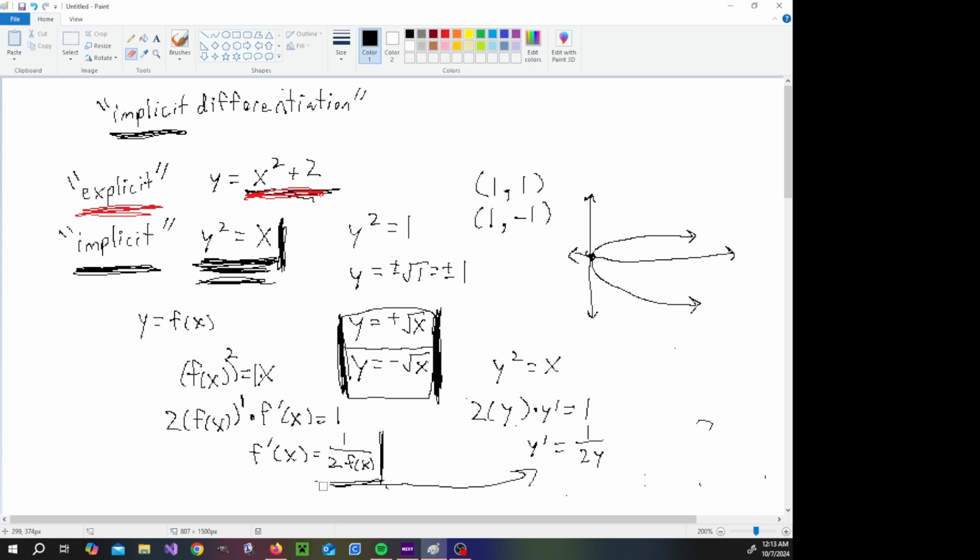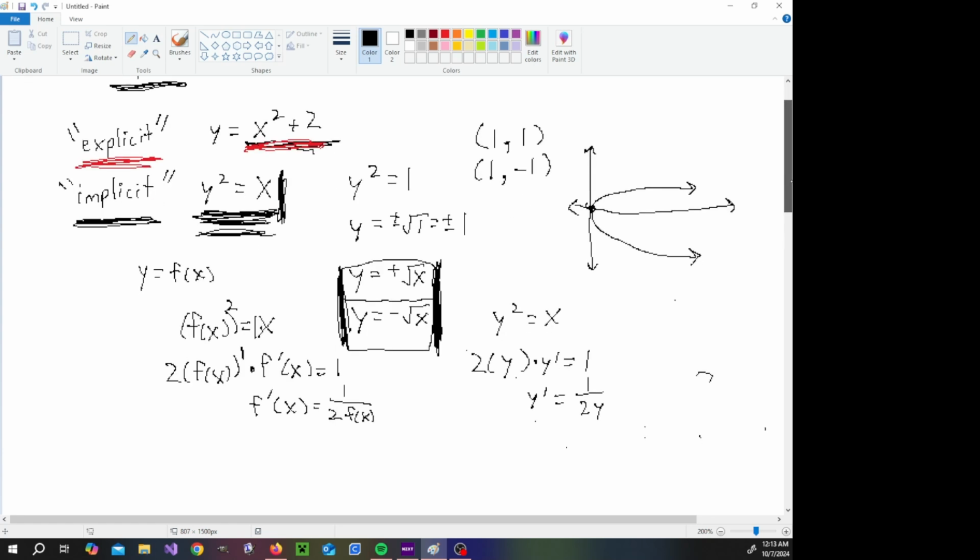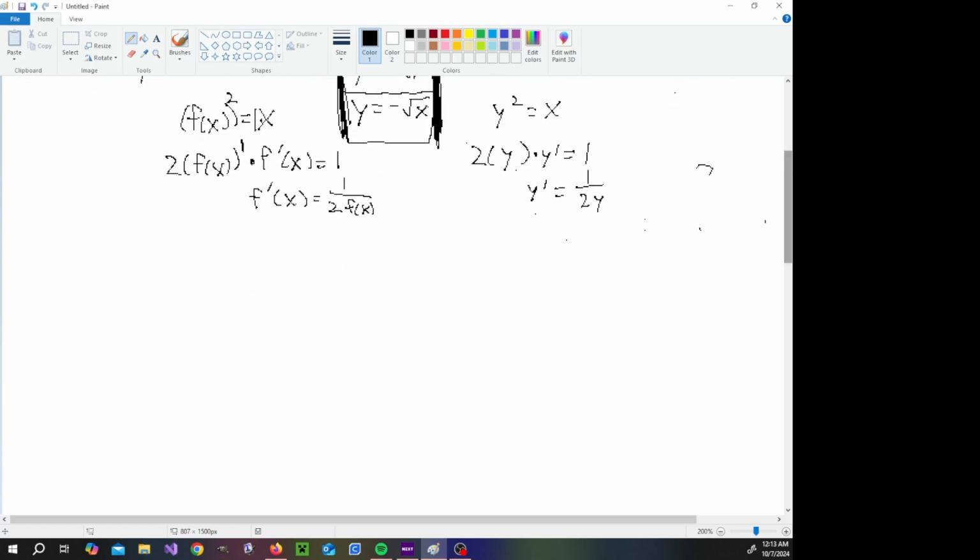So this is very good and very useful. A thing that might be asked is something like: find all tangent lines for the x value x is equal to 2.